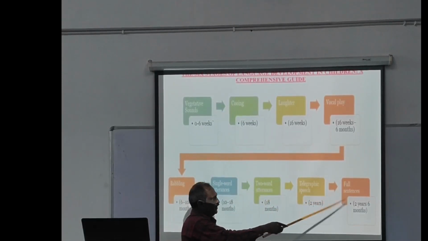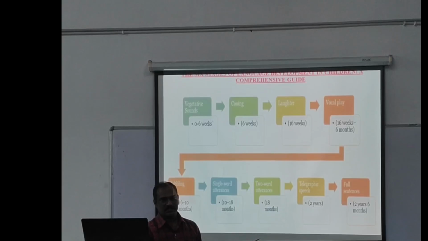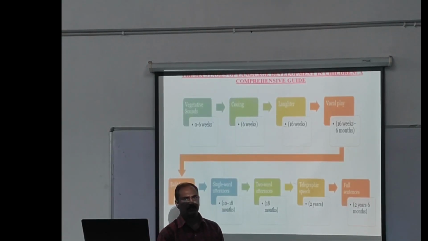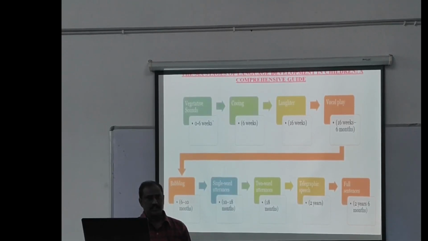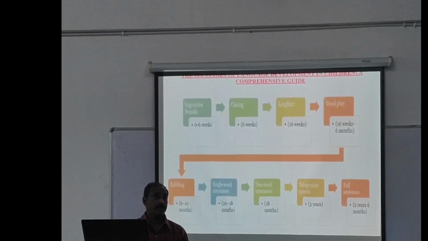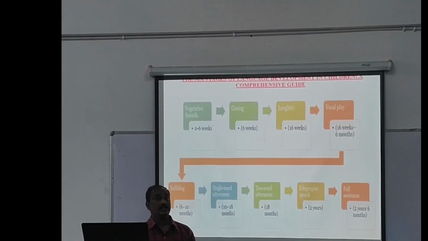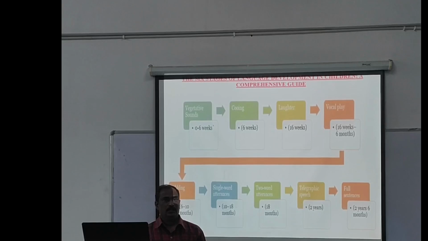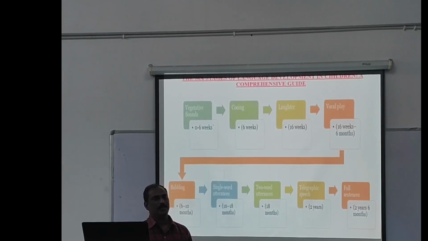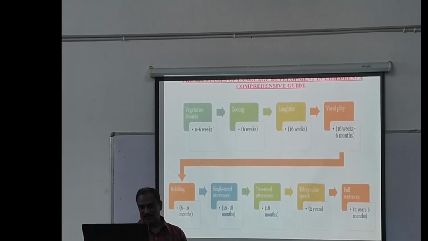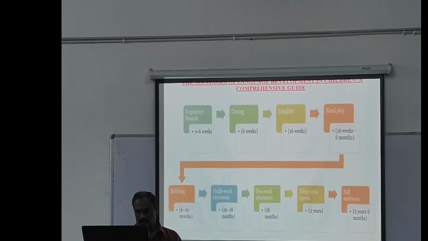Full sentences come at 2 years 6 months. But this does not happen in all cases. Even Albert Einstein didn't speak a word until he was 8 years old. Don't worry about it. That is one sign of becoming a great person. This picture will help you more and more.